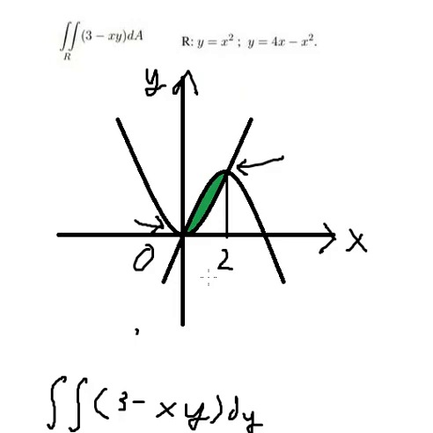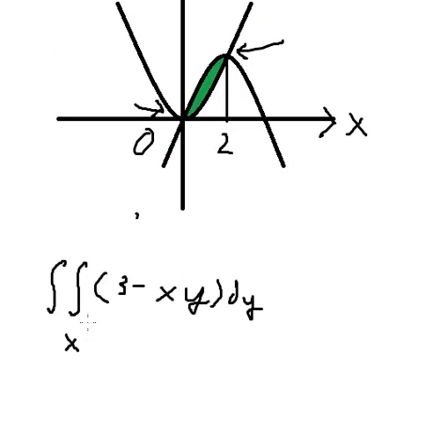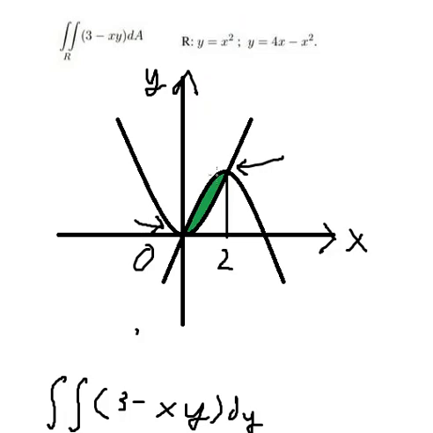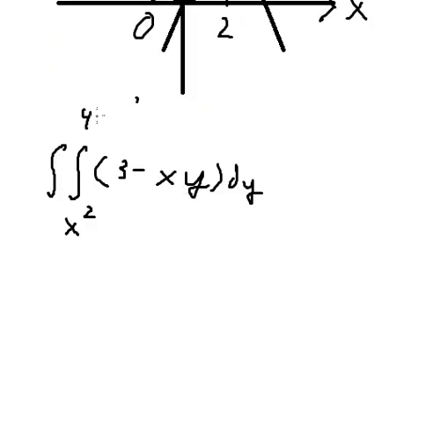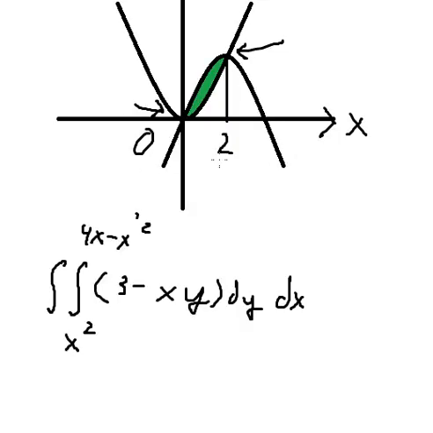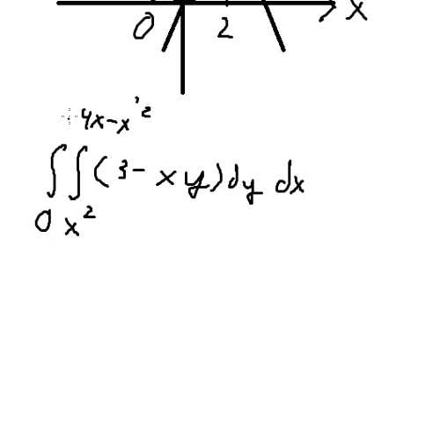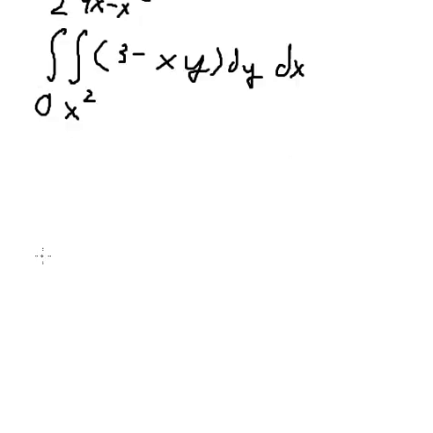About dy, we see that this one is the lower and this is the upper. The lower is x squared, and the upper is this one here. And for x we have from 0 to 2. So we need to calculate this one.